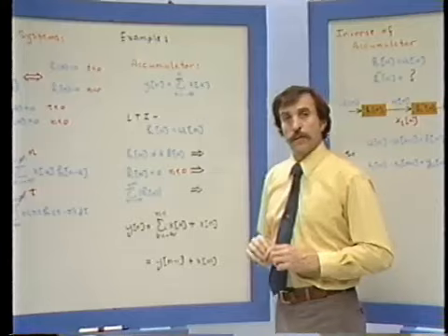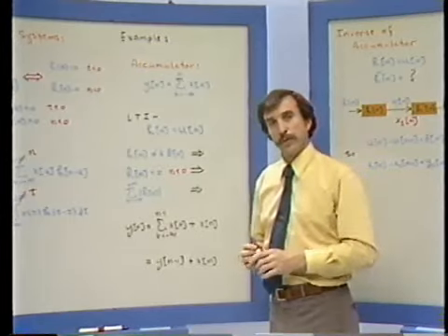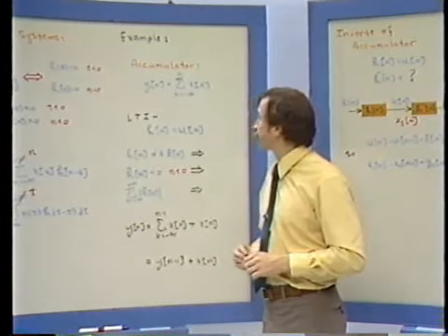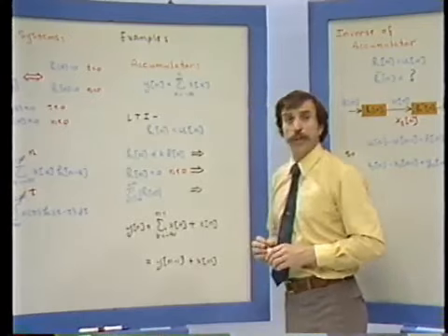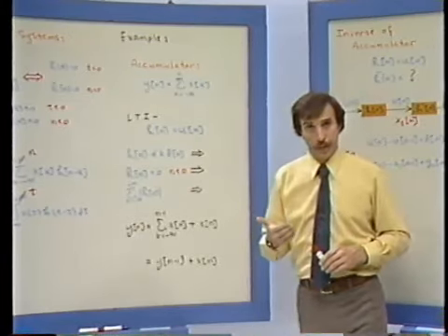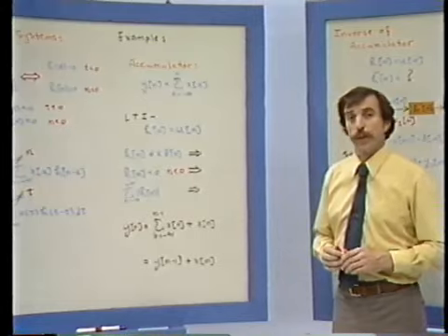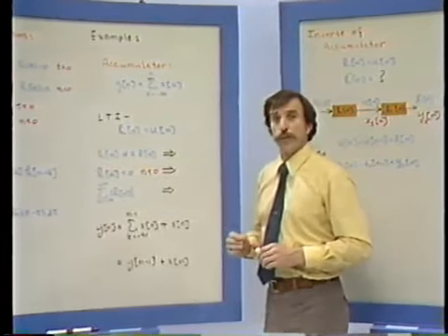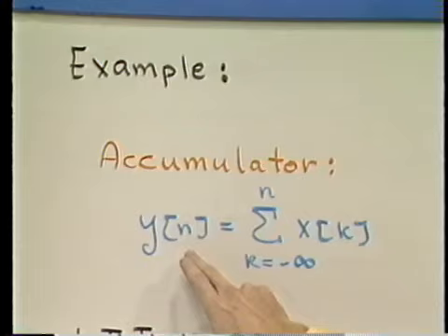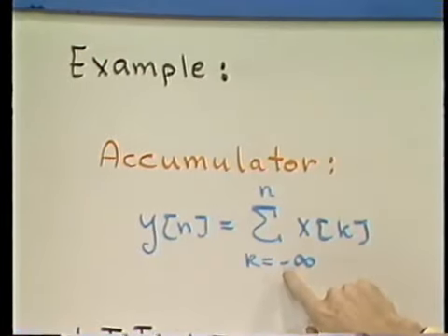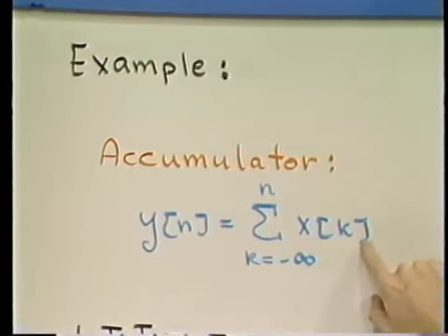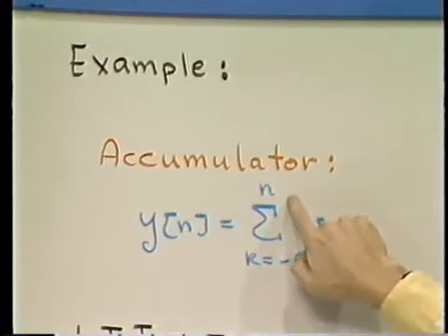Let's look at some particular examples just to cement the ideas further. And let's begin with a system that you've seen previously, which is an accumulator. An accumulator, as you recall, has an output y of n, which is the accumulated value of the input from minus infinity up to n.